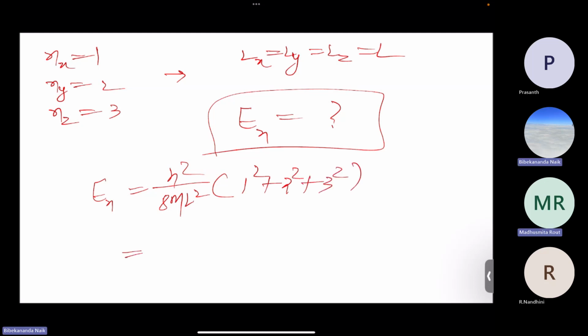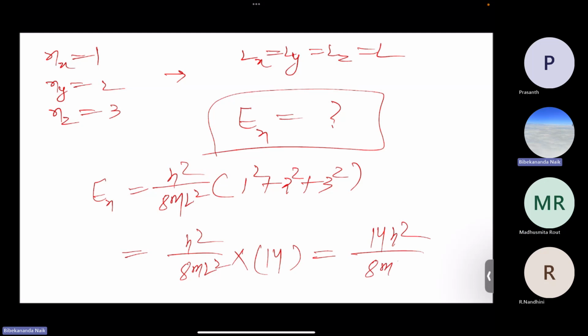So it will be h square by 8 mL square into how much? 1 plus 4 plus 9 is 14. So it will be 14 h square divided by 8 mL square, or simply you can say it is 7 h square divided by 4 mL square.